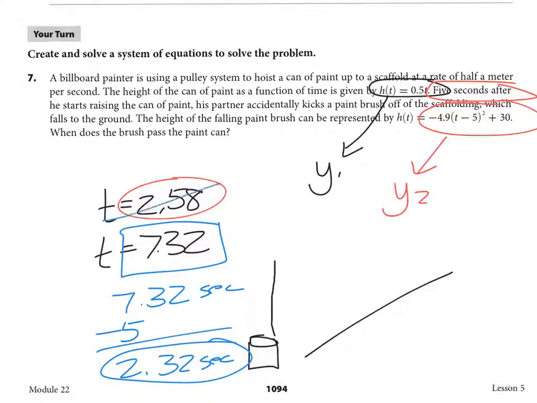So this one's irrelevant because that was before the 5 seconds of hoisting the paint can up. So again, these word problems sometimes can be tricky, but you have to think in context. So that's this lesson.